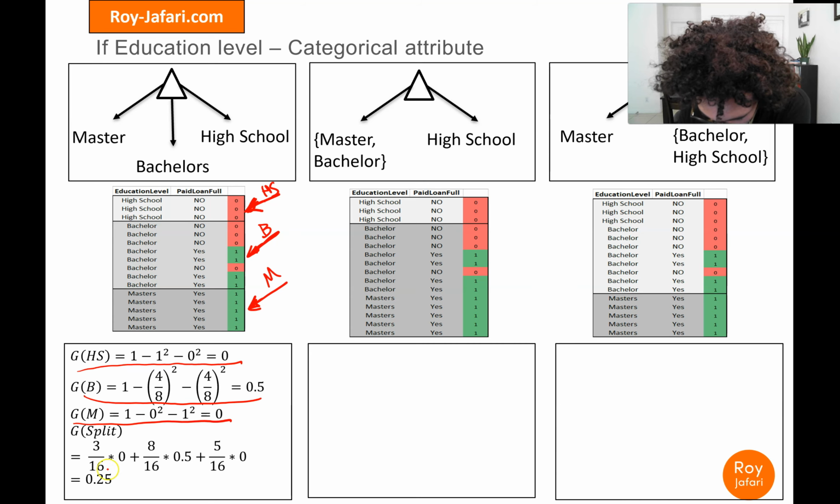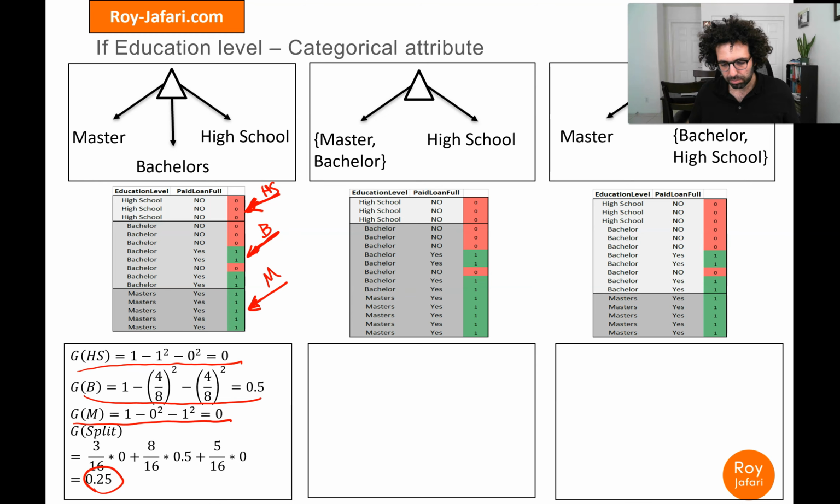Then we do a weighted calculation, because we've got 3 over 16 high school multiplied by 0, then 5 over 16 multiplied by 0, and then 8 over 16, which is 1 over 2, multiplied by 0.5. So overall, the impurity will decrease to 0.25 if we were to do this one, right?